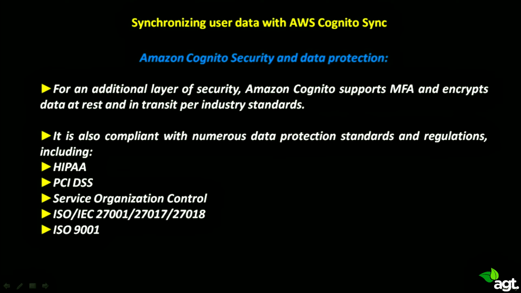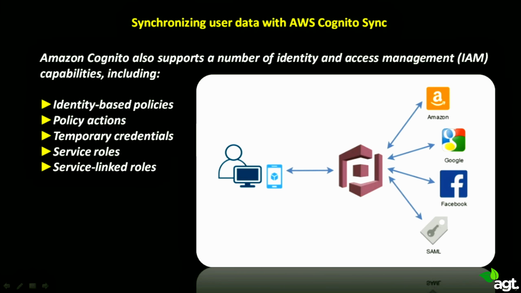It's also compliant with numerous data protection standards and regulations, including HIPAA, PCI DSS, Service Organization Control, ISO/IEC 27001, 27017, 27018, and ISO 9001. And Amazon Cognito also supports a number of identity and access management capabilities like IAM, including identity-based policies and policy actions, temporary credentials, and service roles and service-linked roles.